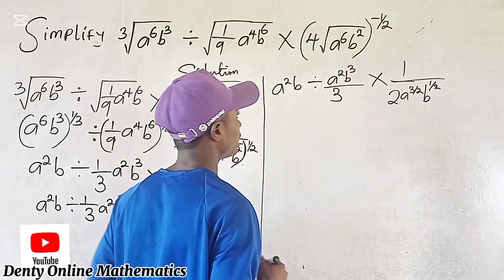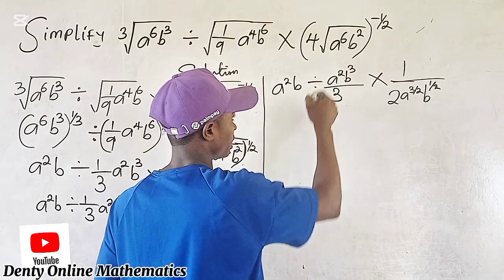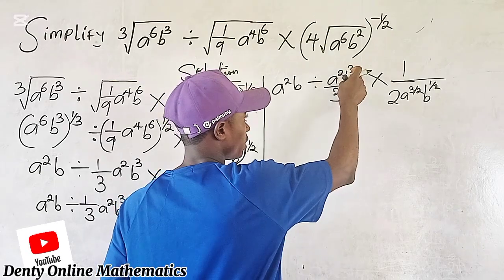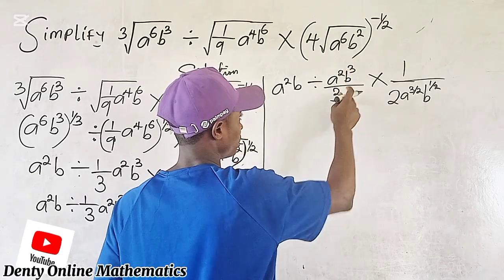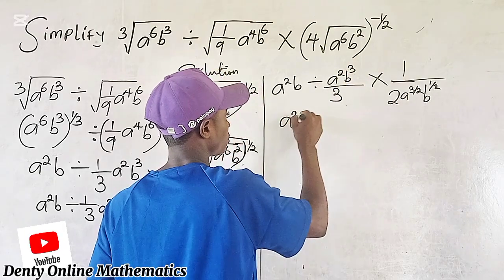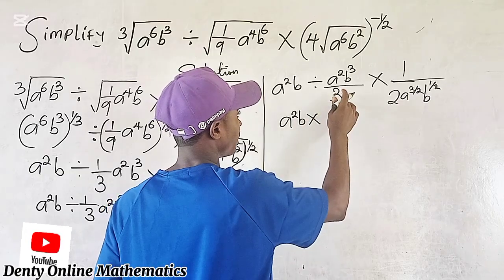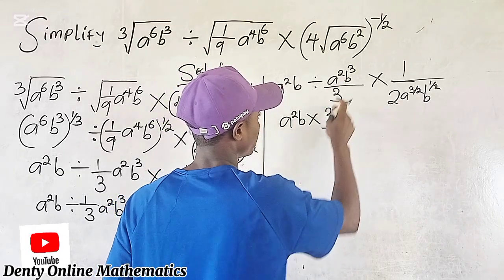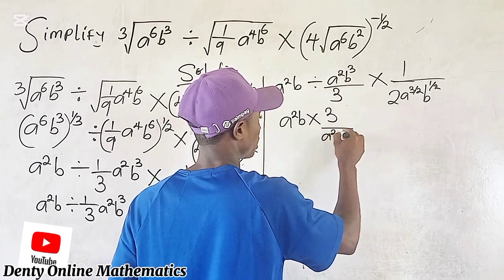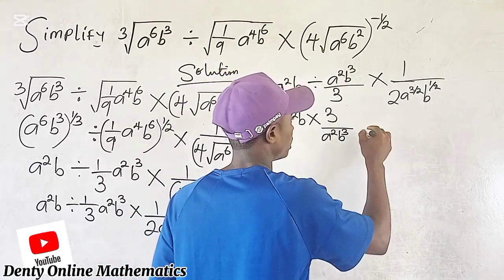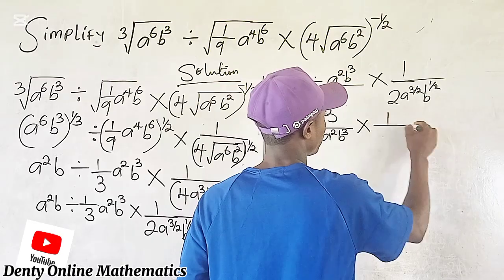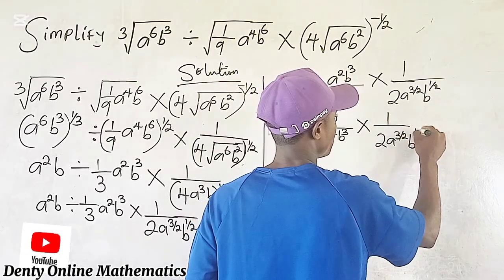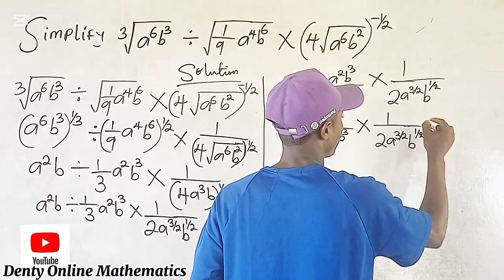Alright, now we are going to change this sign. So we are changing it to multiplication sign. The denominator becomes the numerator, while the numerator becomes the denominator. So I have a squared b multiplied by this will go up 3 divided by this will come down a squared b cubed multiplied by 1 all over 2a power 3 over 2 multiplied by b power half.